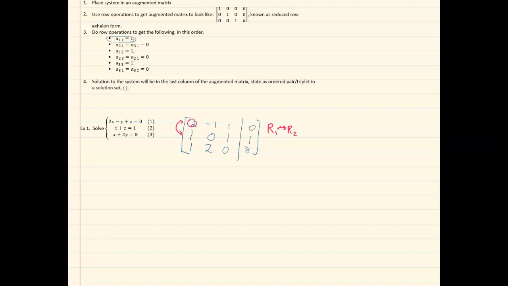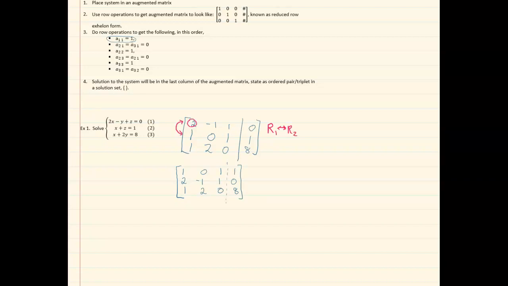So our next matrix would look like this, where we did not do anything to row 3. I always like to start off with what we didn't change. And then I'm going to put 1, 0, 1, 1 at the top, and 2, -1, 1, 0 in the middle. So all I did was switch those 2 rows.